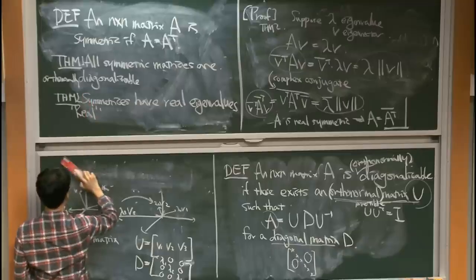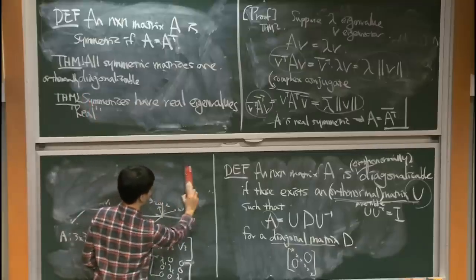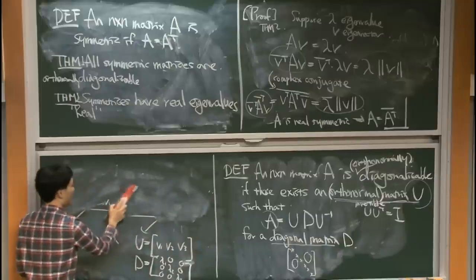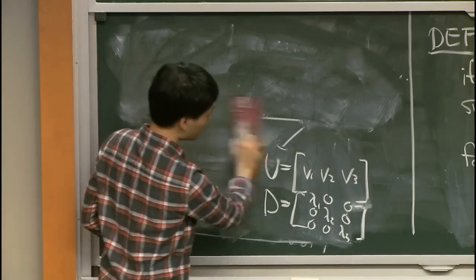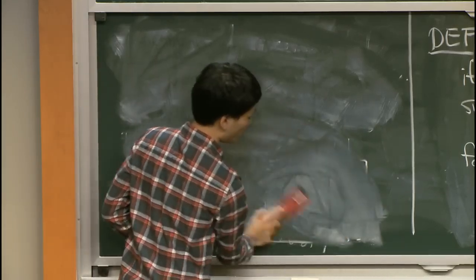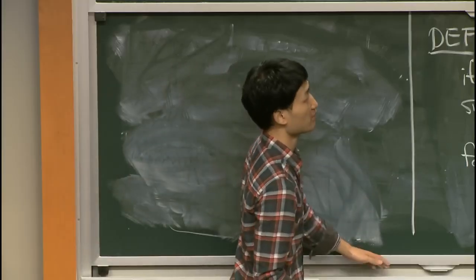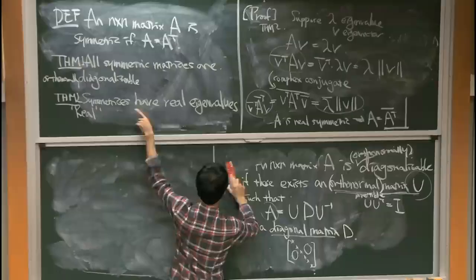Theorem 1 is a little bit more complicated, and it involves more advanced concepts like basis and linear subspace, which are not really important for this class, so I'll skip the proof. But it's really important to remember these two theorems.